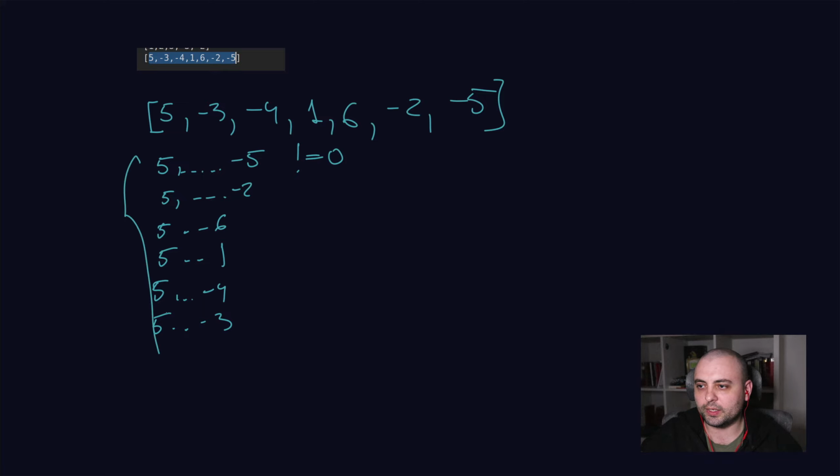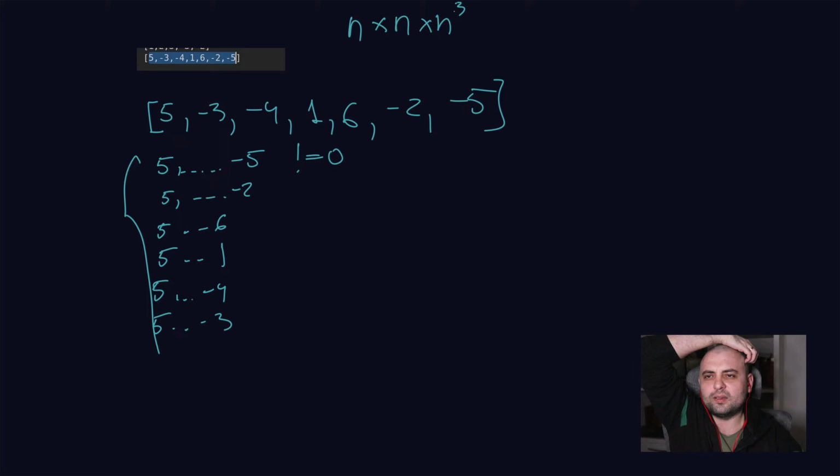So as you can see here, we did 1, 2, 3, 4, 5, 6 sums. So for each number, we'll need to multiply this sum. It will be like another n, so it gets to n cubed, I think, the time complexity.